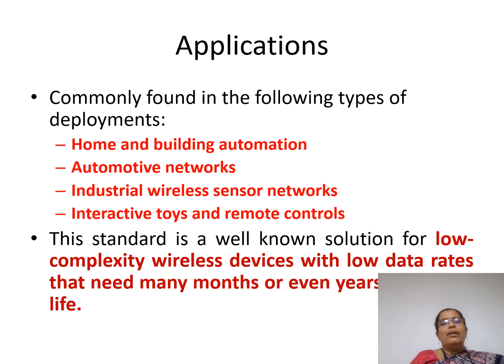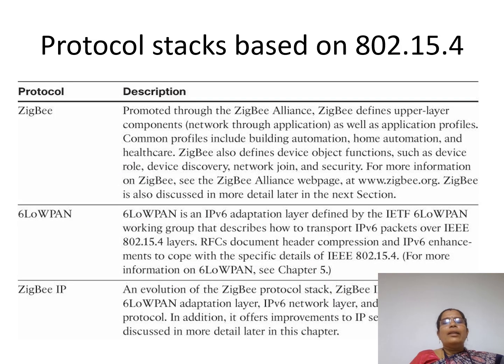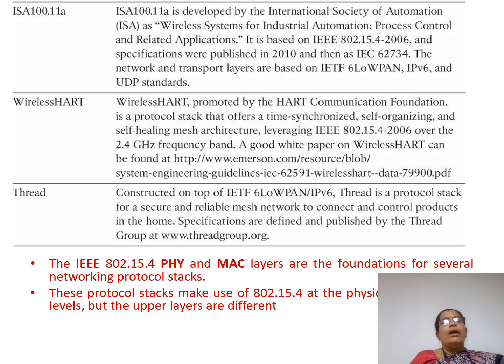The standard is well known for low complexity wireless devices with a low data rate that need to last many months or even years. The protocols of 802.15.4 are ZigBee, LoRaWAN, ZigBee IP, ISA 100.11a, WirelessHART and Thread.